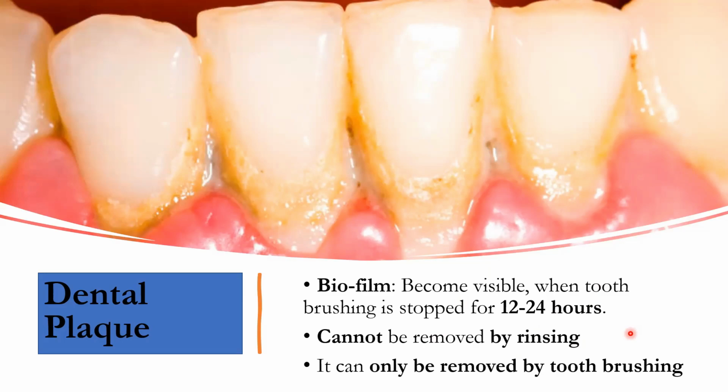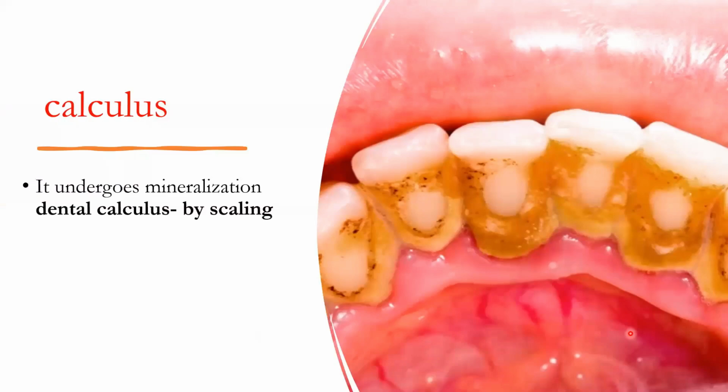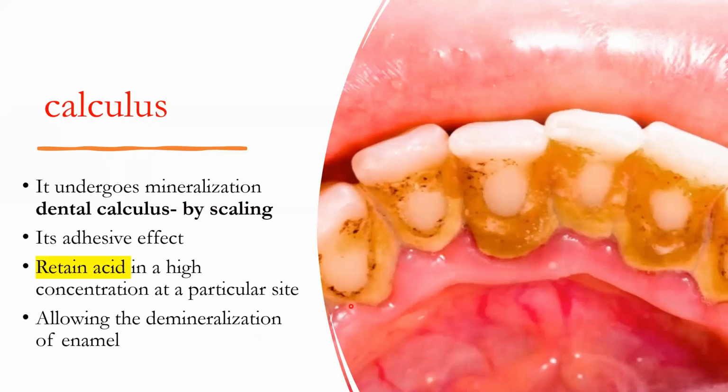And suppose you do not brush and the plaque is allowed to stay for longer duration, then it undergoes mineralization to form what is called dental calculus. And this dental calculus can only be removed on oral prophylaxis or by scaling. And this is what gives a prolonged adhesive effect for the bacteria.